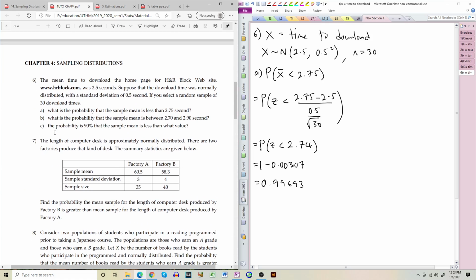Now 6B. What is the probability the sample mean is between?